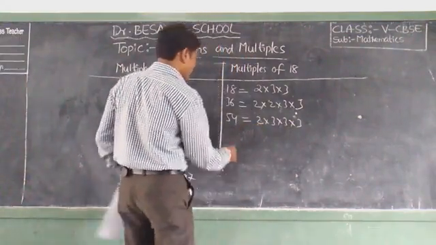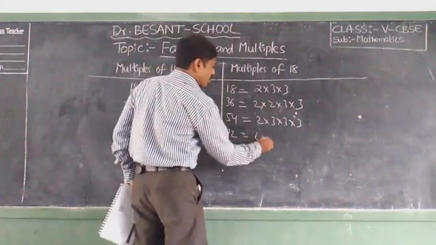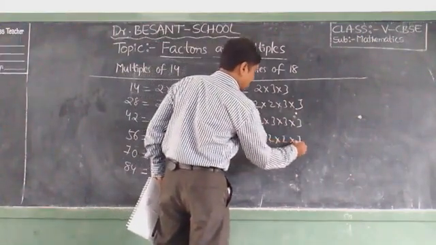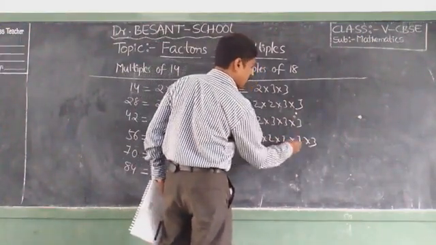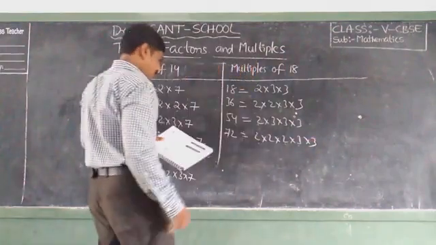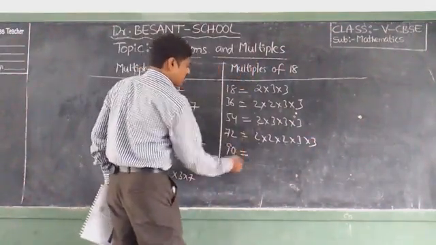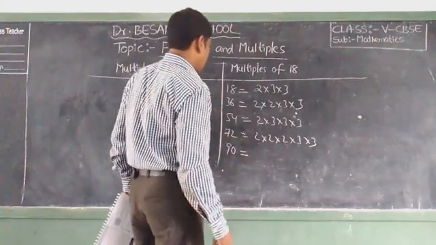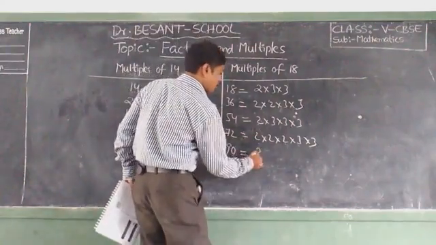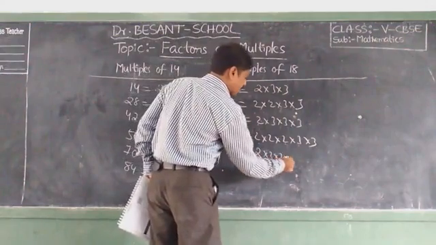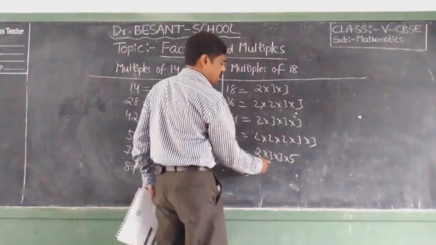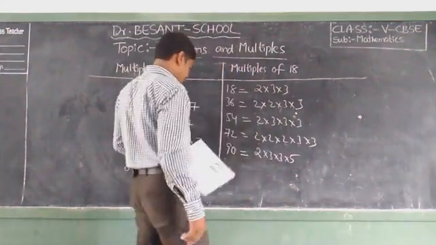Next 72 is equal to 2 into 2 into 2 into 3 into 3. 90 is equal to 2 into 3 into 3 into 5. 2 threes are 6, 6 threes are 18, 18 fives are 90.